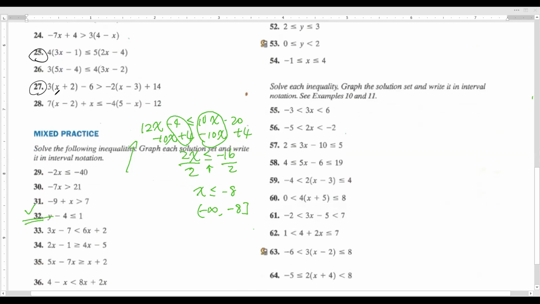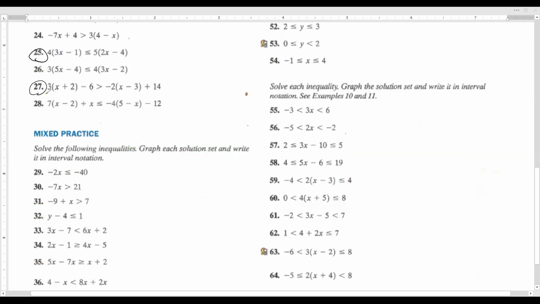Right now we just learn more information than what we were doing earlier. Actually they are the same, but now it's a little bit more complicated: we need to distribute inside and also combine like terms, right? So let's see, 3x plus 6, minus 6, and greater than.